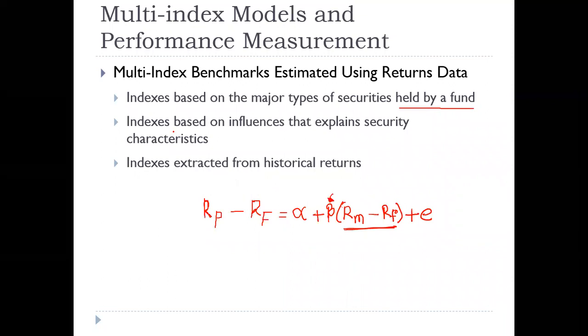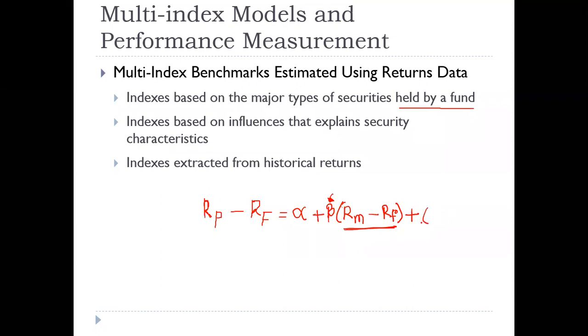Okay. So the thing is that when we are talking about multi-index, how many factors do we have to add? We just have mentioned 2 additional indexes. One is for small stock, another is for bond. Okay.